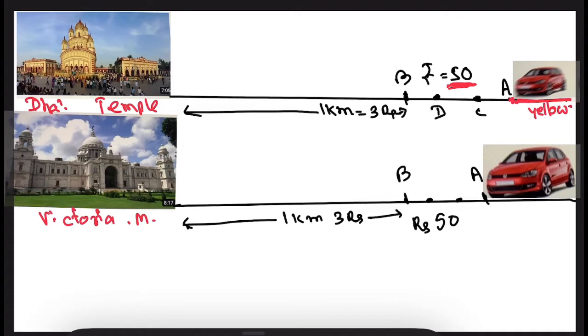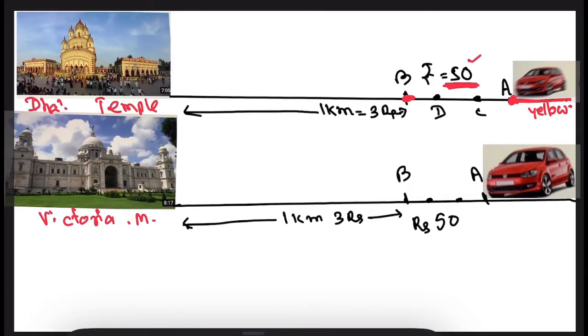Let us think from place A to place B, it is 50 rupees. That is some distance, 5 kilometers or 10 kilometers, we don't know. Up to a certain distance they will charge a fixed price of 50. That means if the distance is up to 5 kilometers, everybody will charge 50 rupees.